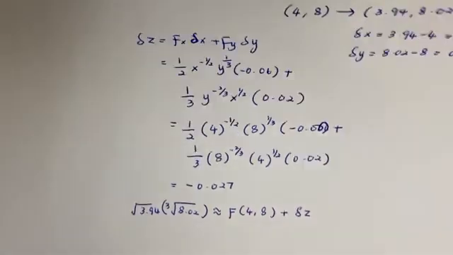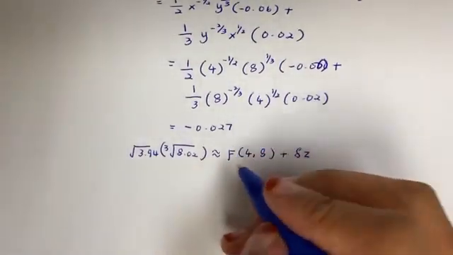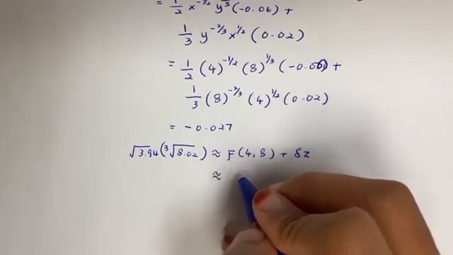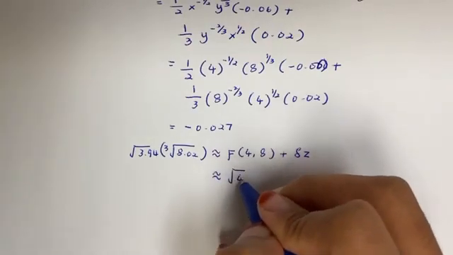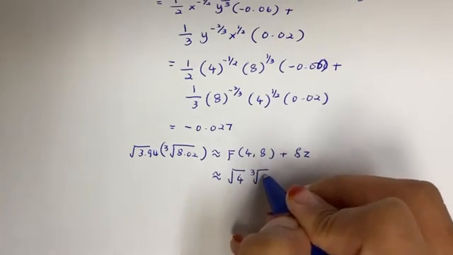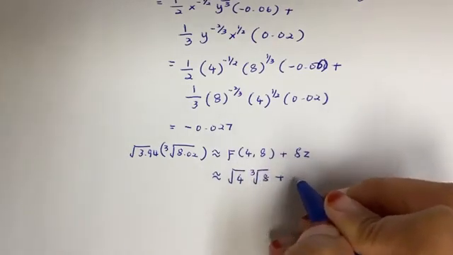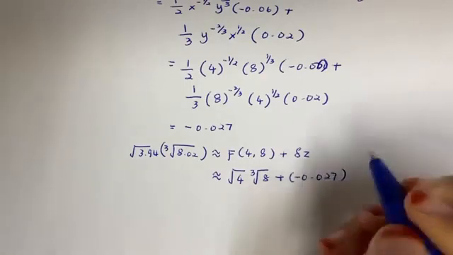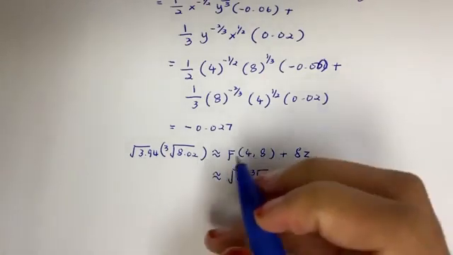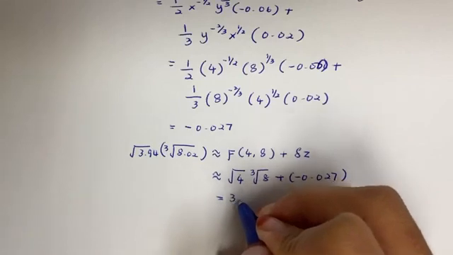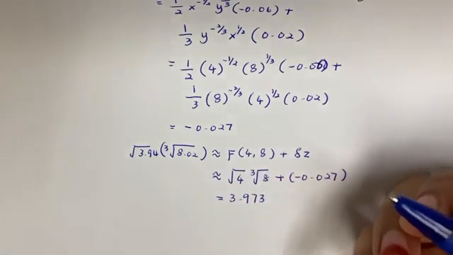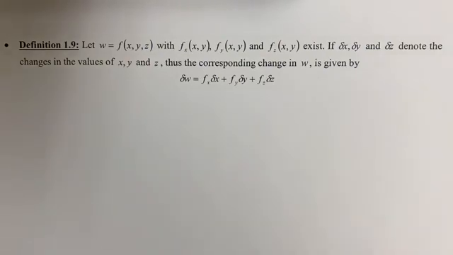So this is equal to square root of 4 times cube root of 8 plus minus 0.027. So the estimated value is equal to 3.973.